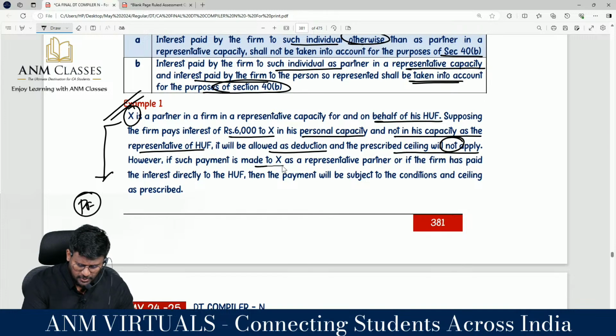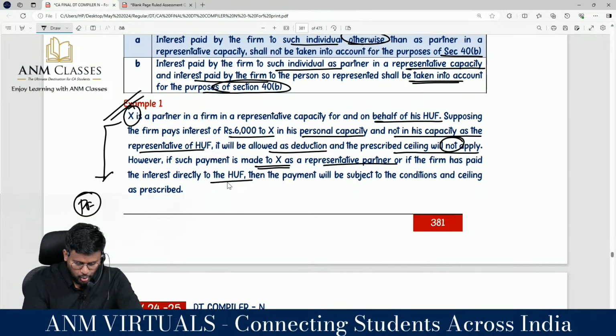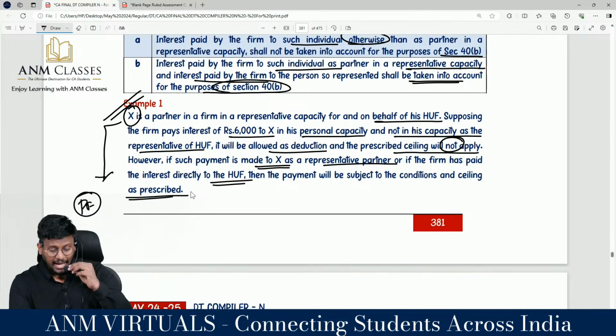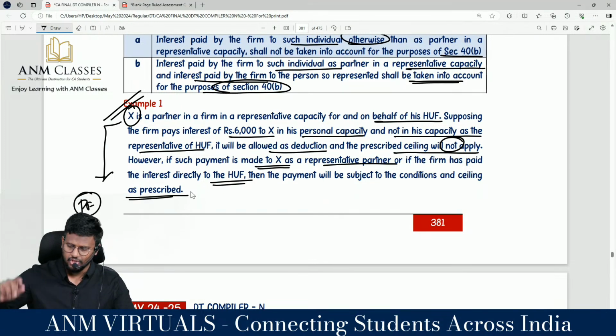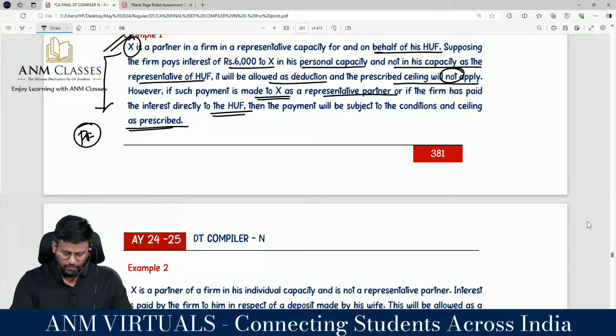However, if such payment is made to X as a representative partner, or if the firm has paid the interest directly to the HUF, then the payment will be subject to the ceiling limit as prescribed. But if that interest has been paid to that individual on behalf of representation capacity, that means instead of paying interest to the HUF, the partnership firm has paid interest to that individual, then, my dear lovable students, that will be within the ambit of section 40B.